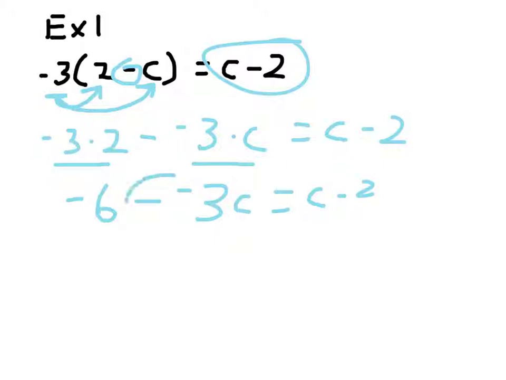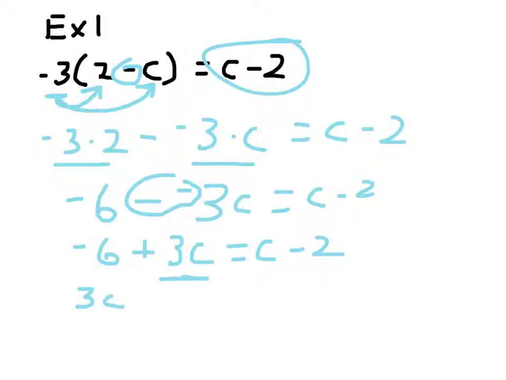Since I've doubled up on signs, I can simplify that: negative 6 plus 3c equals c minus 2. As I've been emphasizing in class, let's write each side with the term that has the letter first. So I want that positive 3c first: 3c minus 6 equals c minus 2.